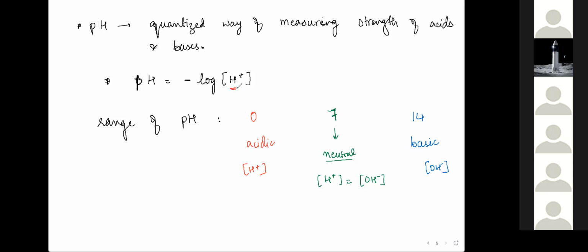It's not a direct measurement, but you take the measurement of H+ ions and then you do all of this mathematics with it. So how do we calculate the number of H+ ions? This stands for the concentration of H+ ions. So where are you getting H+ ions from?